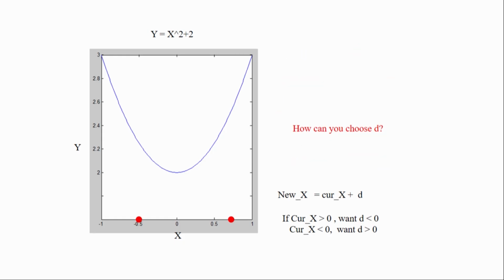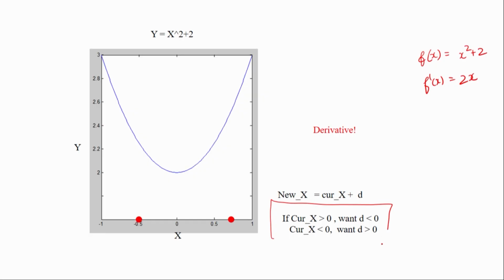So how can you choose d? Somebody said derivative. So let's look at the derivative of this, right? What is the derivative of y equal to x squared plus 2? If f of x is x squared plus 2, f dash of x, as you all know, is 2x, right? Now, is this giving us the answer? This is what we wanted to satisfy.